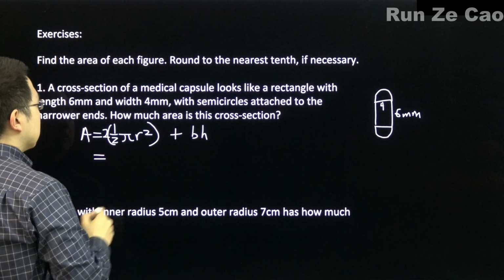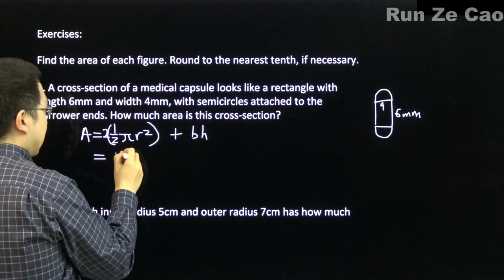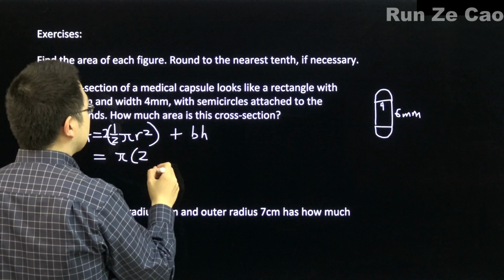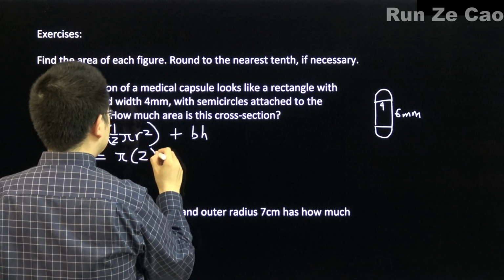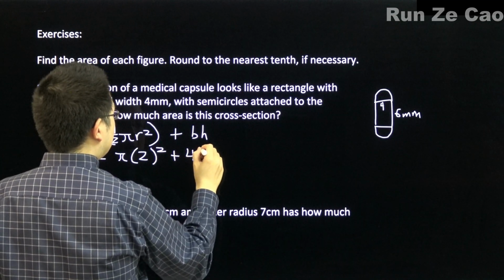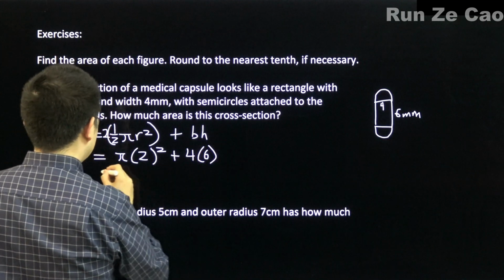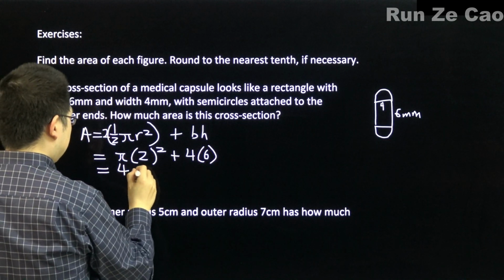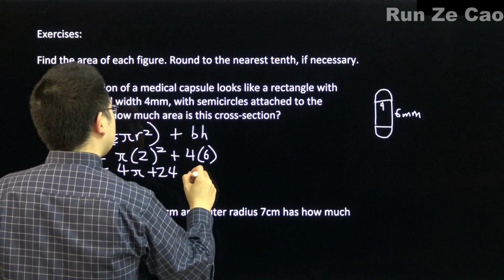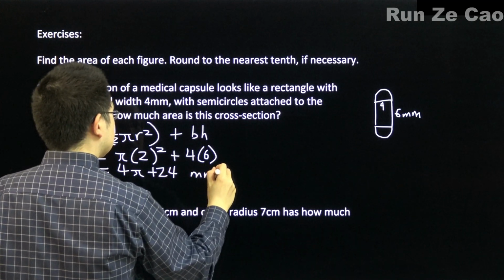Hurrah. So, this is going to be pi times the radius, 2 millimeters, squared plus 4 millimeters by 6 millimeters. So this is going to be 4 pi plus 24 millimeters squared.